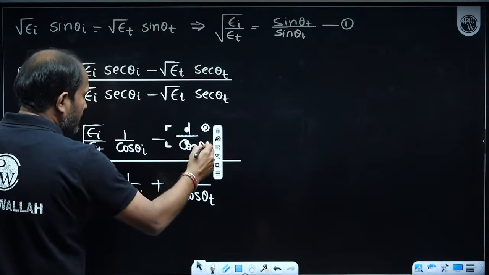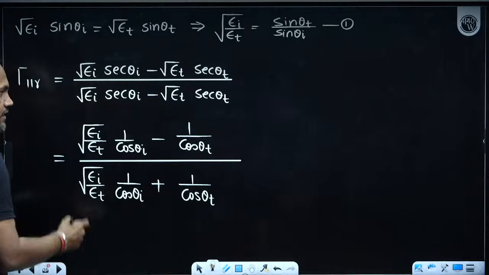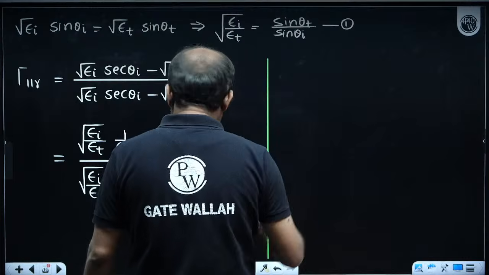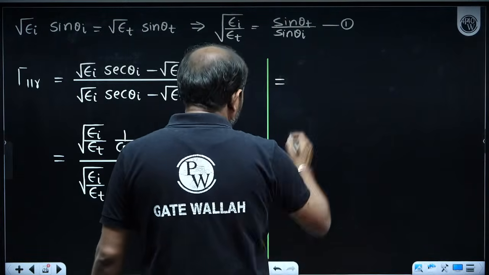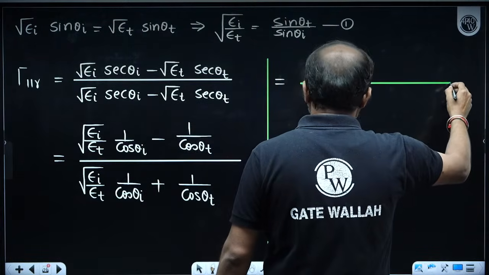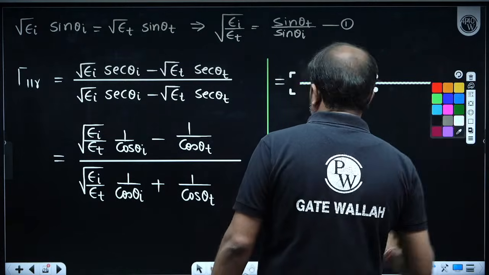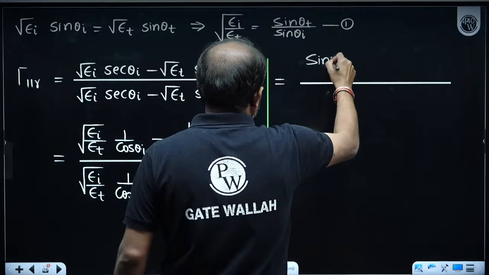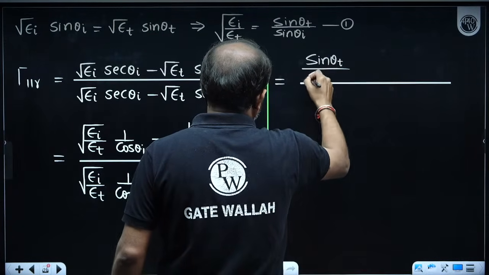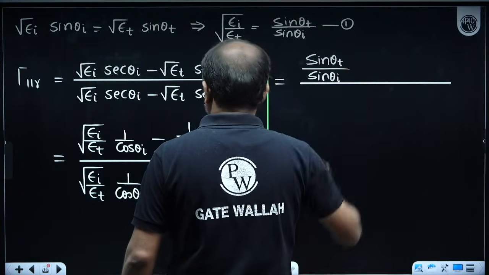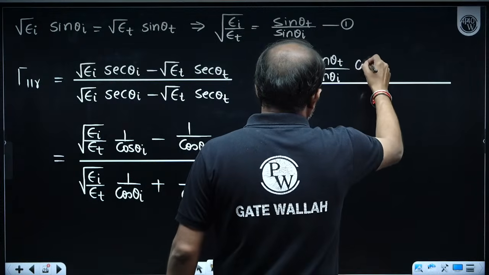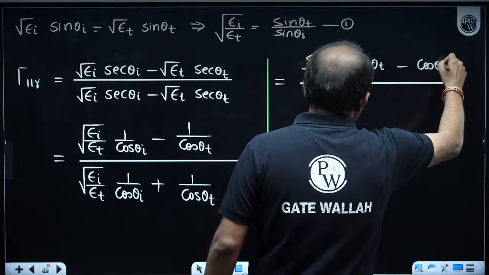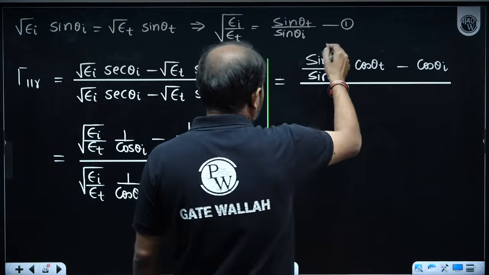So you will put the value of the epsilon I and epsilon t ratio. What will you get? You will get under root epsilon I, sin theta t upon sin theta I, into cos theta t into cos theta I. Similarly, the plus form.